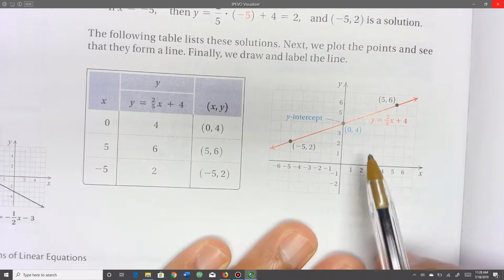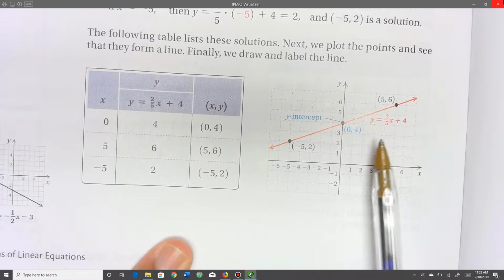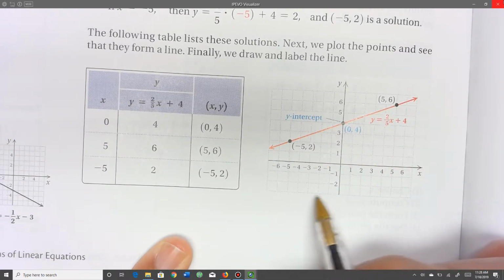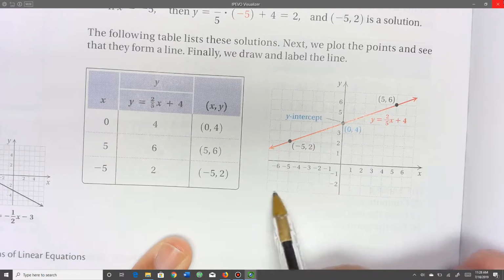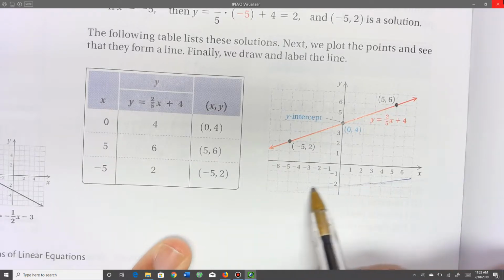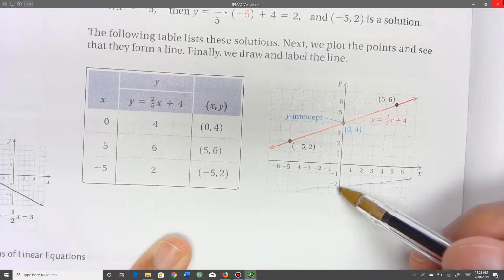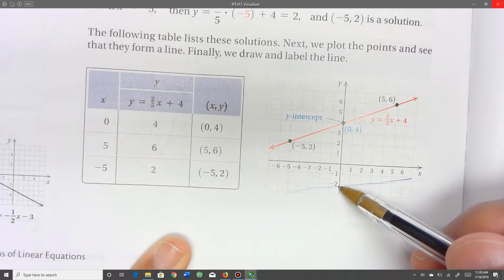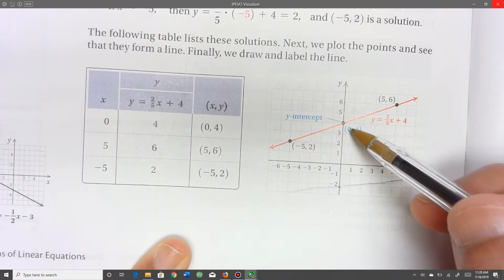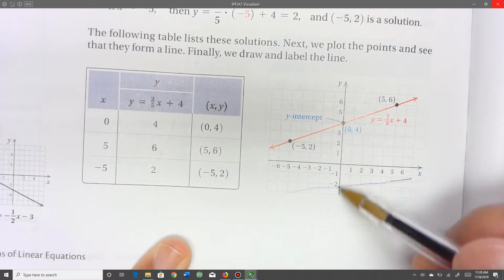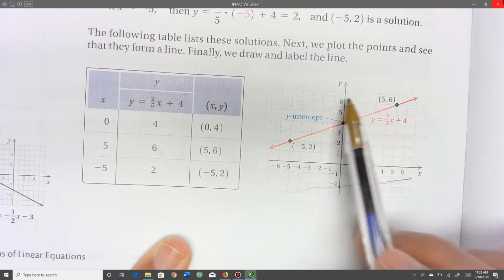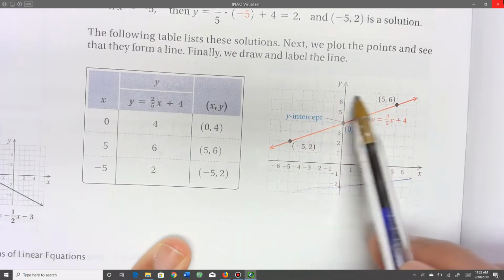In this case, notice that any other graph that crosses the y-axis is going to have a value of 0 for x, always. So your x value is always going to be 0 for any graph that crosses the y-axis.